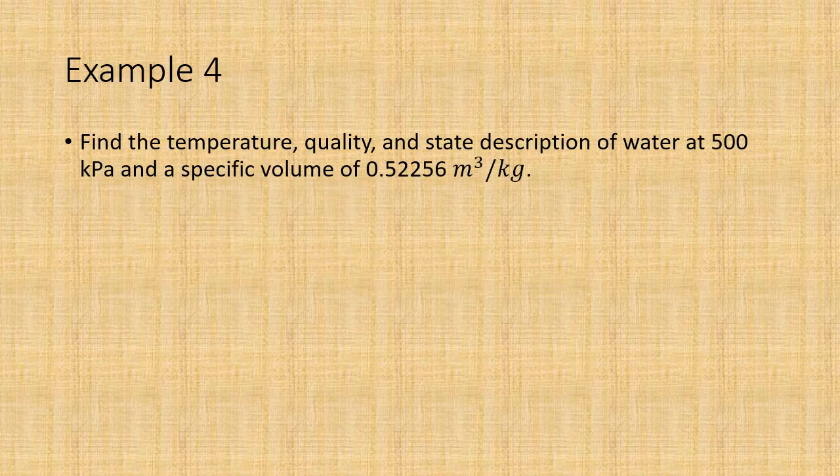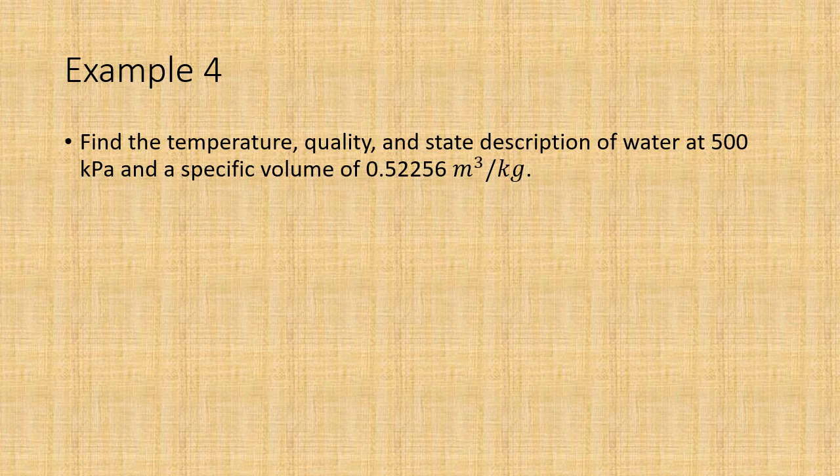Example 4. Find the temperature, quality, and state description of water at 500 kilopascals and a specific volume of 0.52256 meters cubed per kilogram. This example requires the use of linear interpolation, so only try it if you know how to use linear interpolation.